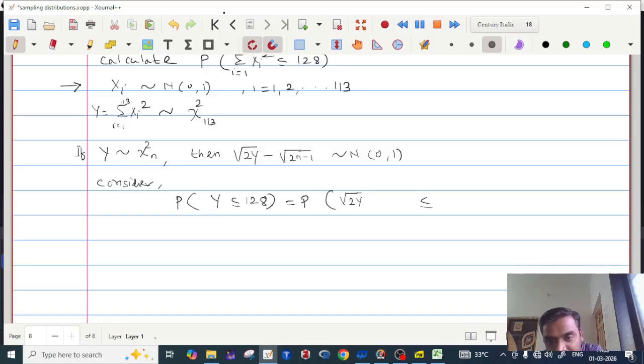Multiply this 128 by 2 and take its square root, minus square root of 2n minus 1, where n is 113. So 113 into 2 is 226, minus 1 which is 225, minus root of 225.